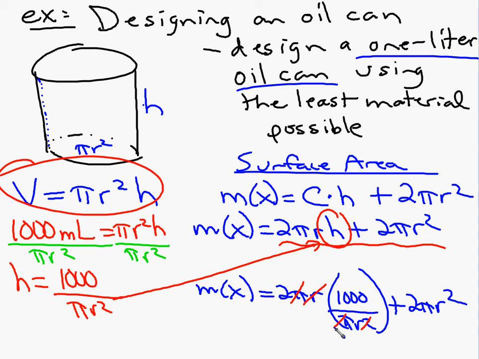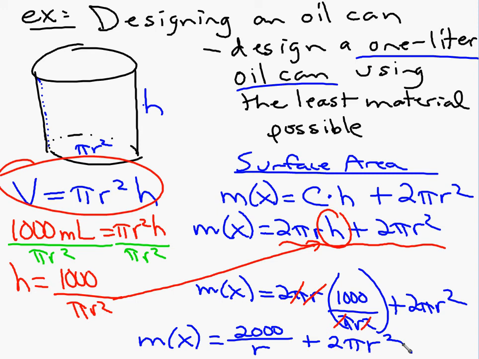And so now my surface area function is 2,000 over r plus 2 pi r squared. And the good news is we've got a function with one variable.